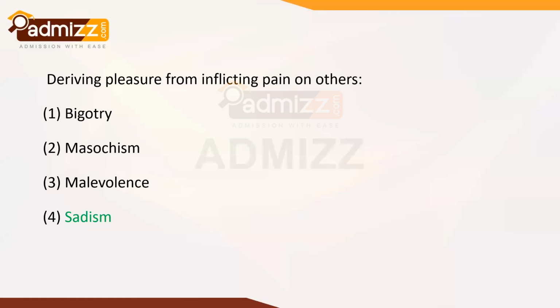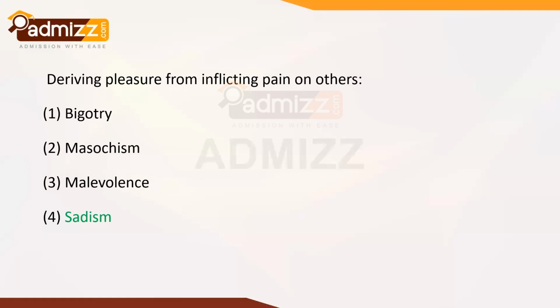So if someone is called a masochist, then he or she derives pleasure from inflicting pain on oneself and not on others. It fits the problem in some way, but not completely, so we'll look for better alternatives.